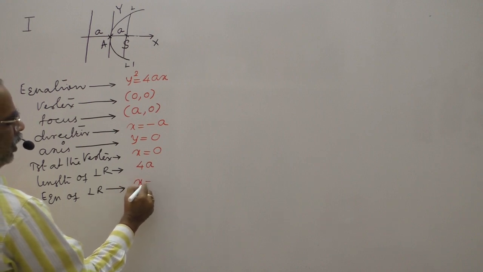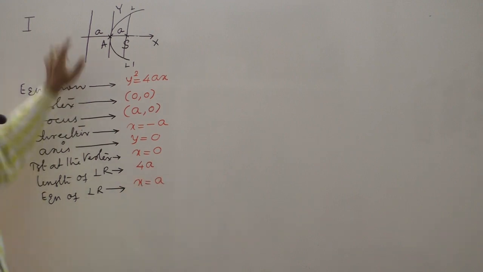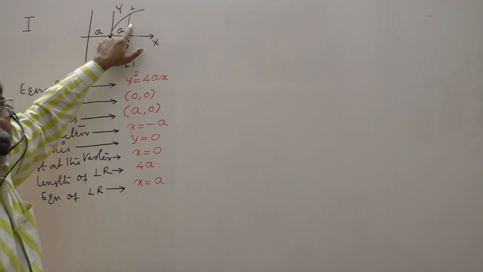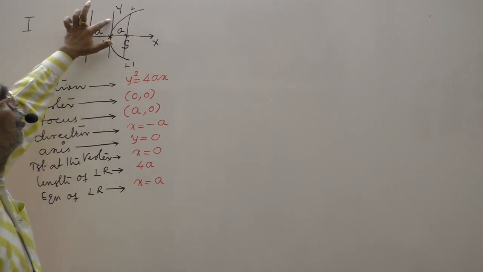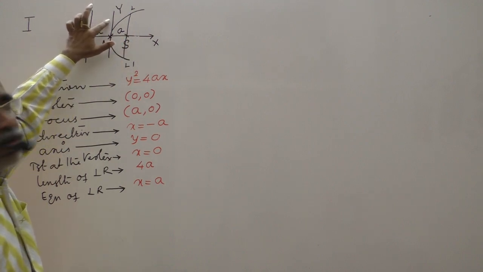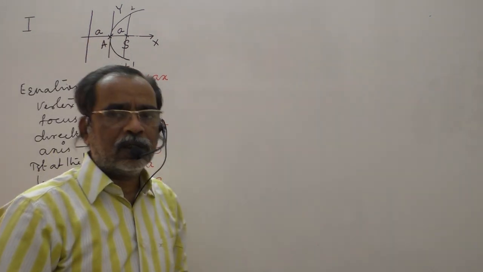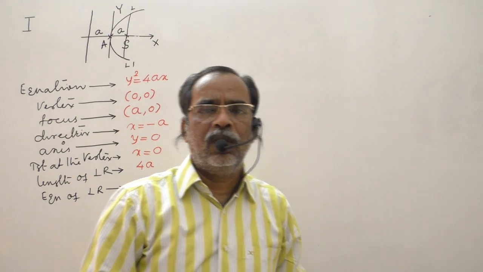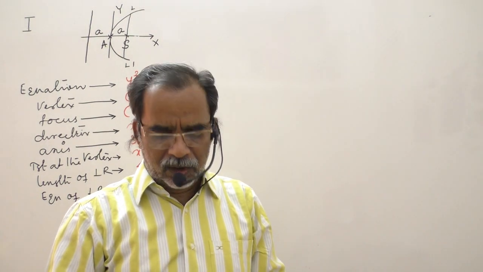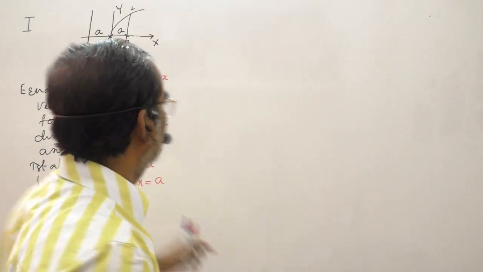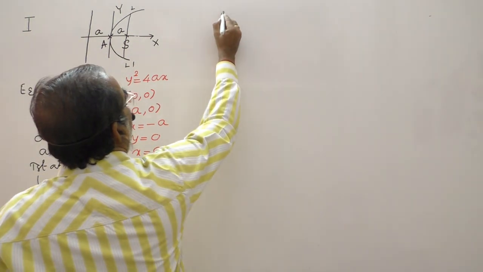Therefore, it will be x equal to a. Directrix and latus rectum both will be parallel to the tangent at the vertex, equidistant from it. So, this is the first parabola. We are calling this set 1. In set 1, this is the first parabola.